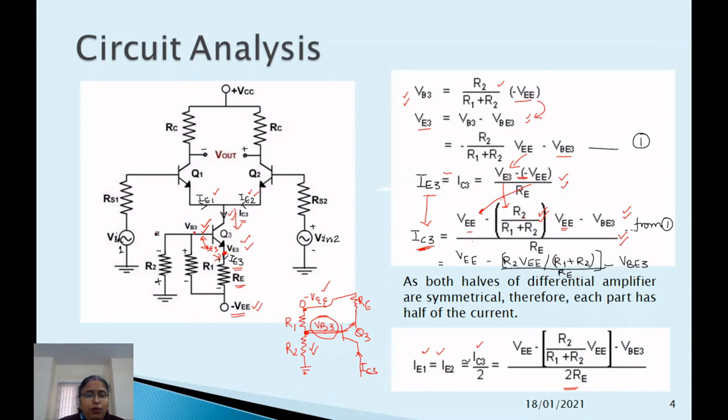So it is not responsible for any contribution to this IC3 current or IE1 or IE2 current. It provides current stabilization. How? We are going to see in the further slide.